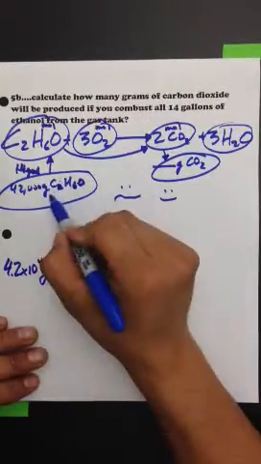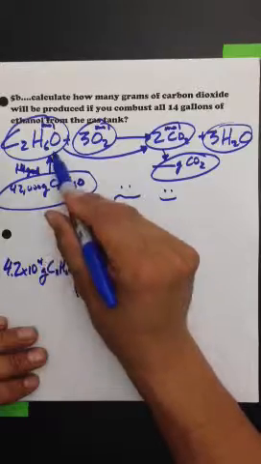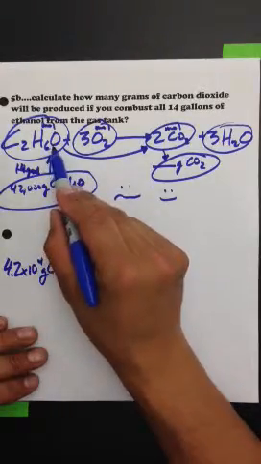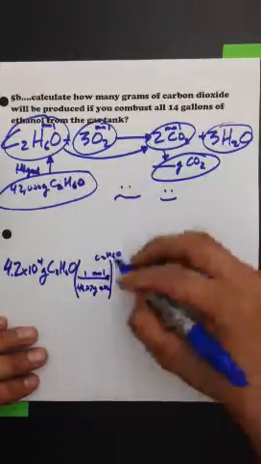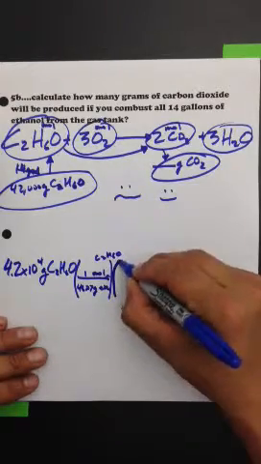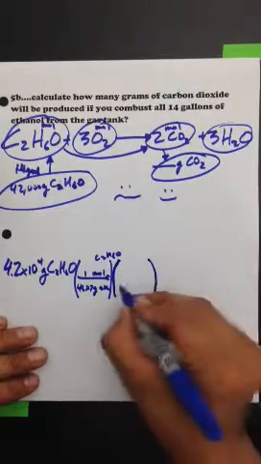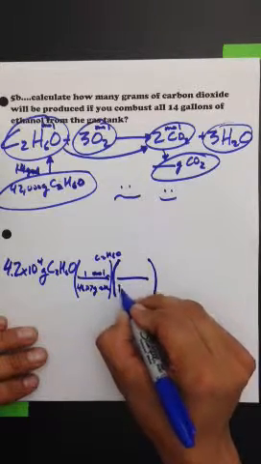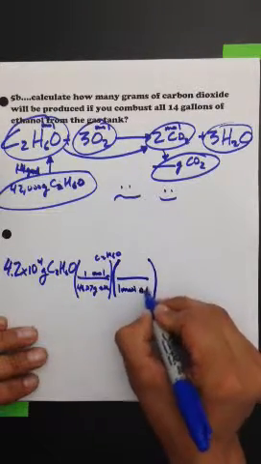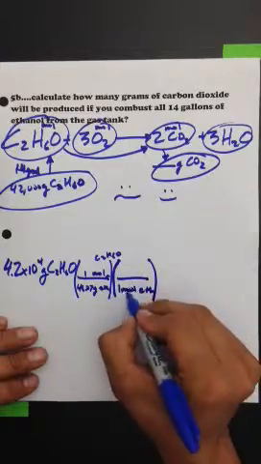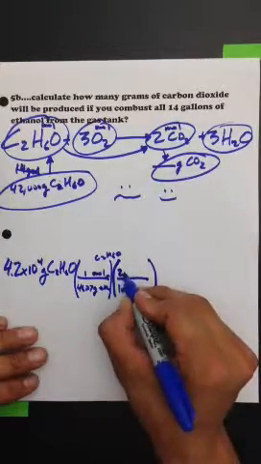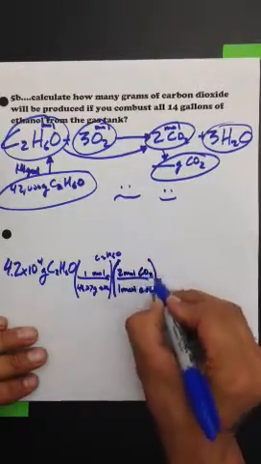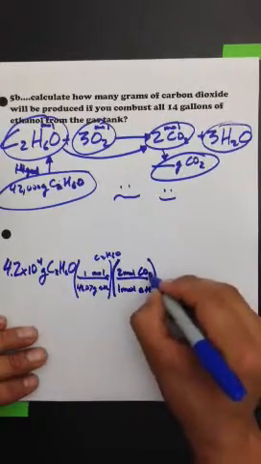Okay, so now we've converted grams of ethanol to moles of ethanol. Well, can we go from moles of ethanol to moles of CO2? Absolutely. So here we go. 1 mole of ethanol, me being lazy again, converts to give us 2 moles of CO2. Thank goodness it's a small number.